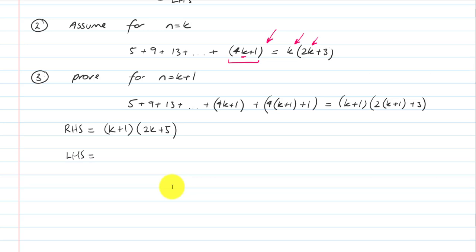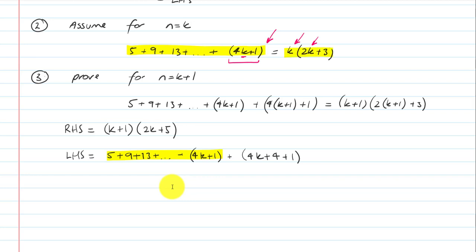So now the left-hand side is equal to 5 plus 9 plus 13 plus ... plus 4k plus 1 plus, well actually I'll expand this, 4k plus 4 plus 1. That helps. Now, I've got exactly the same thing as before, and that is that this is my assumption step here, and that means that it's equal to that thing.